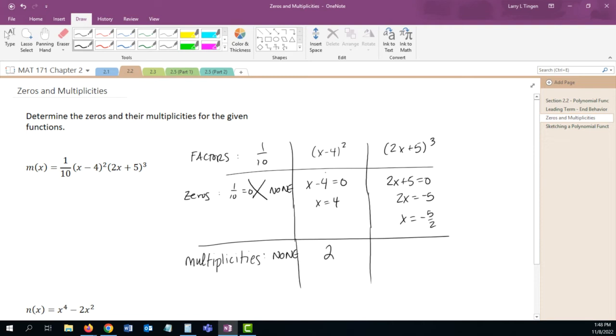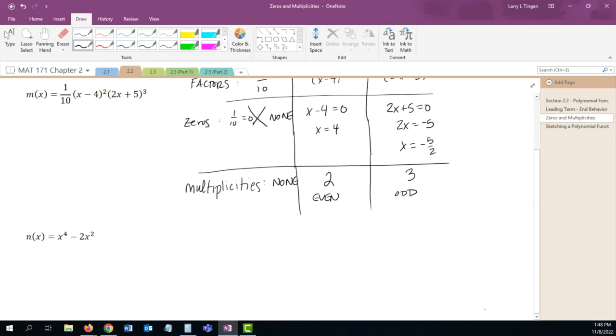The next one does, though. x minus 4 squared has a multiplicity of 2, which is even. And then 2x plus 5 has a multiplicity of 3, which is odd. Okay, and notice they didn't ask for anything else. They just said zeros and multiplicities.